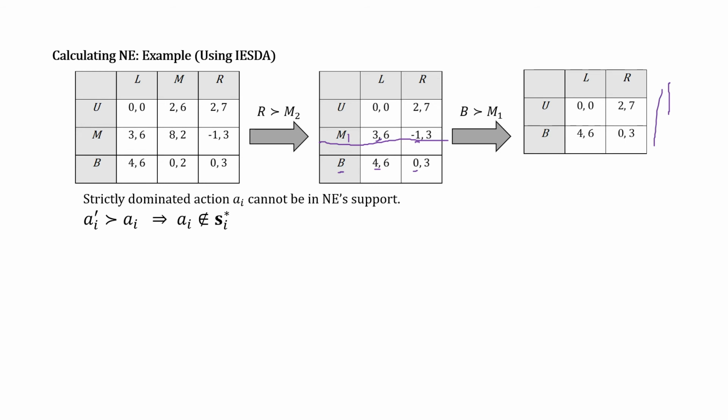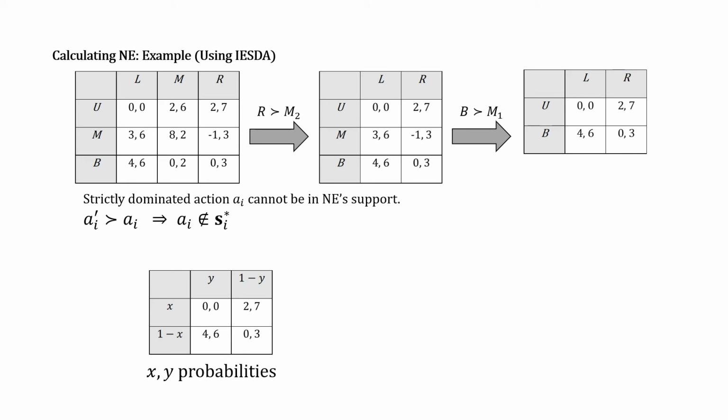That's the next example. So now the probabilities of up and down, actually D, not B, are x and 1 minus x for agent 1, and the probabilities of left and right are y and 1 minus y for agent 2.